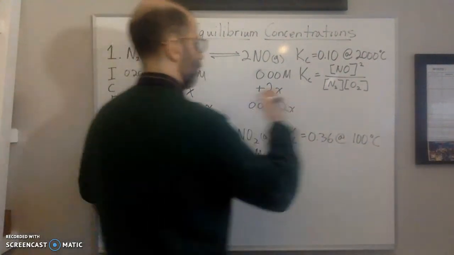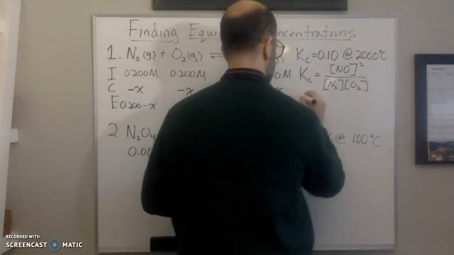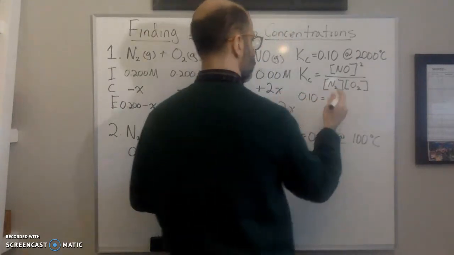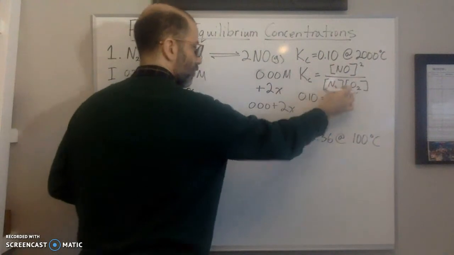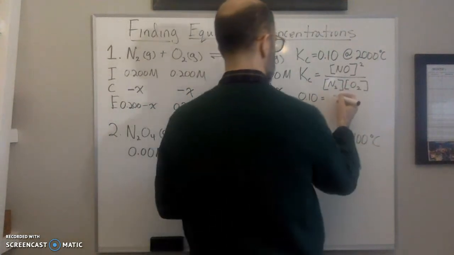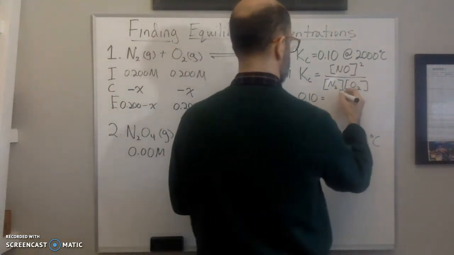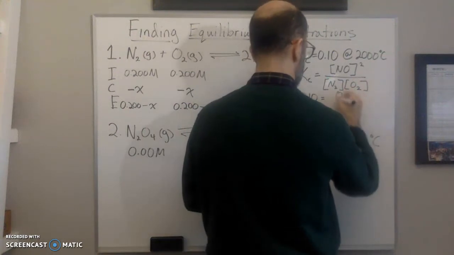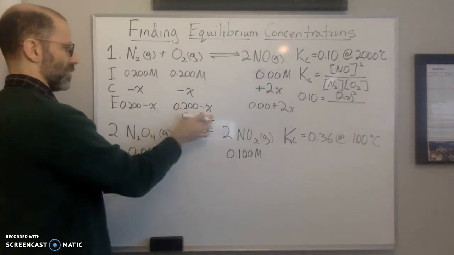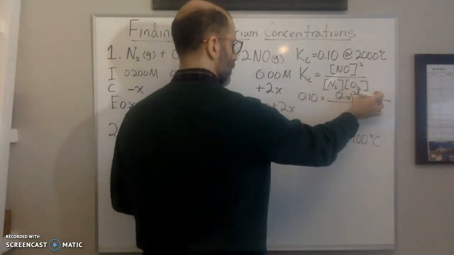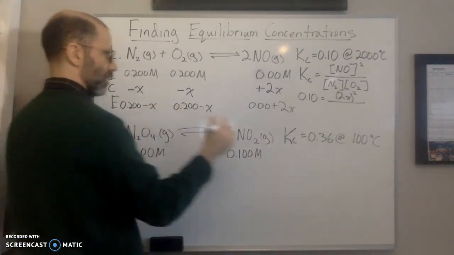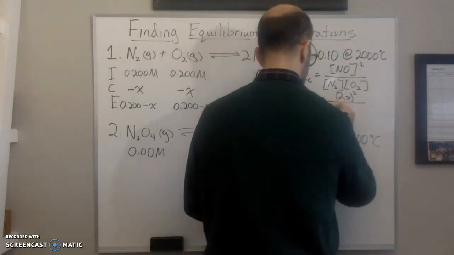So for the Kc, it's 0.10 is equal to, and then for these three, we're going to plug in the equilibrium concentrations with x. So this is just 2x, so it's going to be 2x squared over, and then these two are exactly the same. They're going to be N2 times O2. So this would be this times this, which is this squared. So I'll just skip that step.